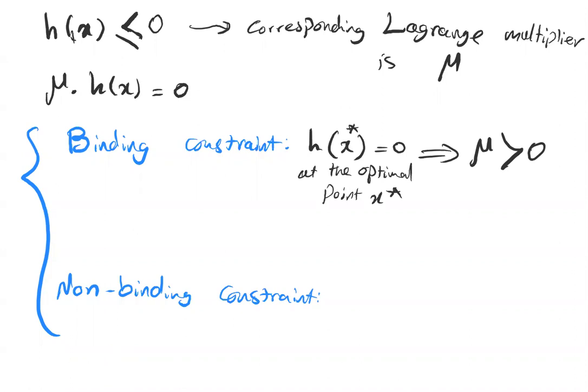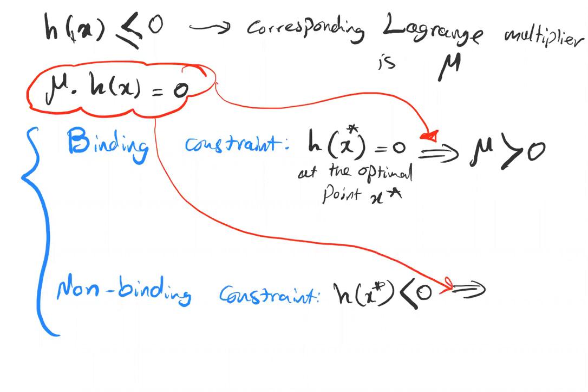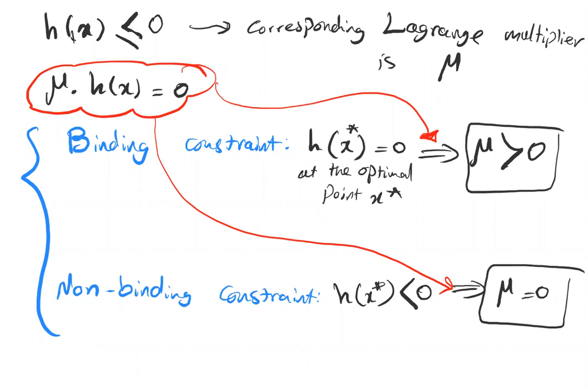Non-binding constraint, what does that mean? It means your constraint is strictly less than 0. So h of x is non-zero. In this case, in order to make sure that this equality holds, mu, or your Lagrange multiplier for the corresponding inequality constraint, should be 0.